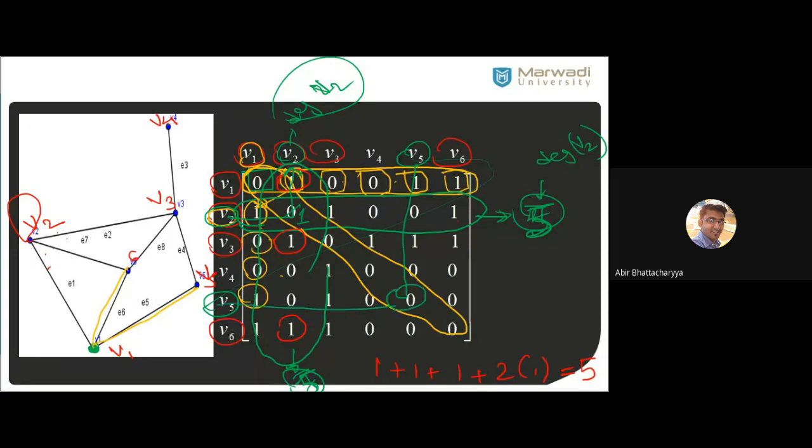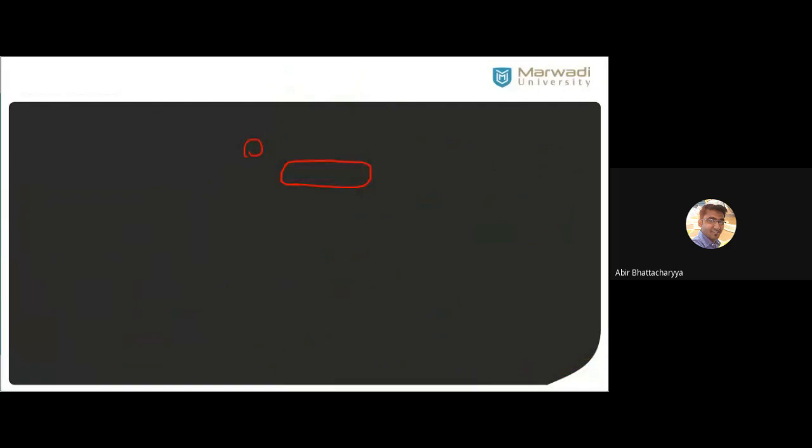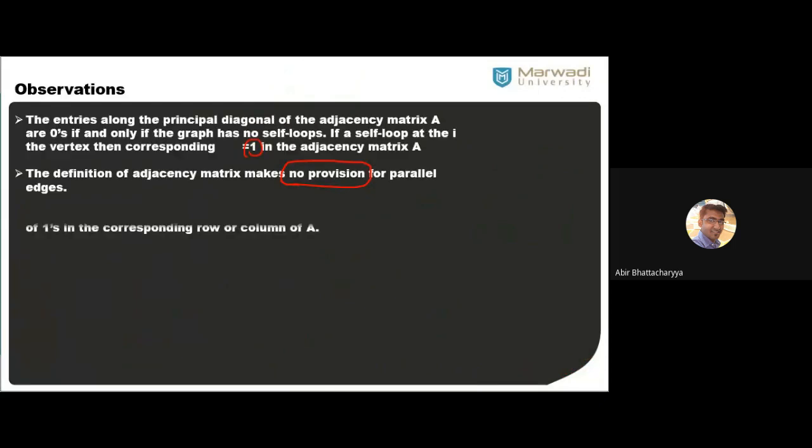This is the intersection of V5 and V5. So whenever you have a self loop, it means the same vertex, and the same vertex means diagonal. Doing some problems, you will get some idea. So please mark it clearly.